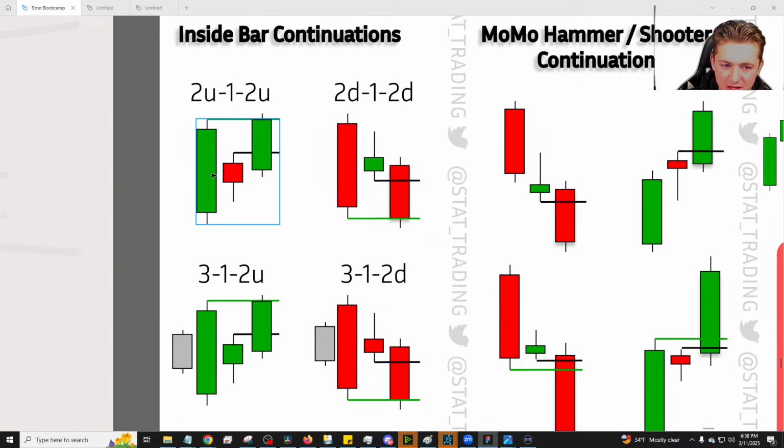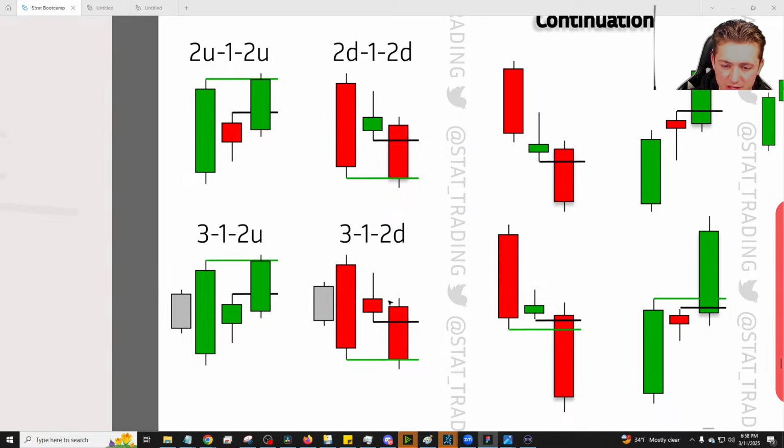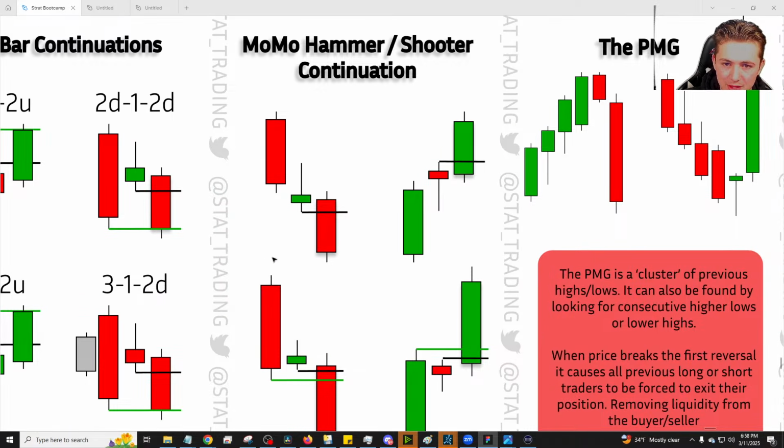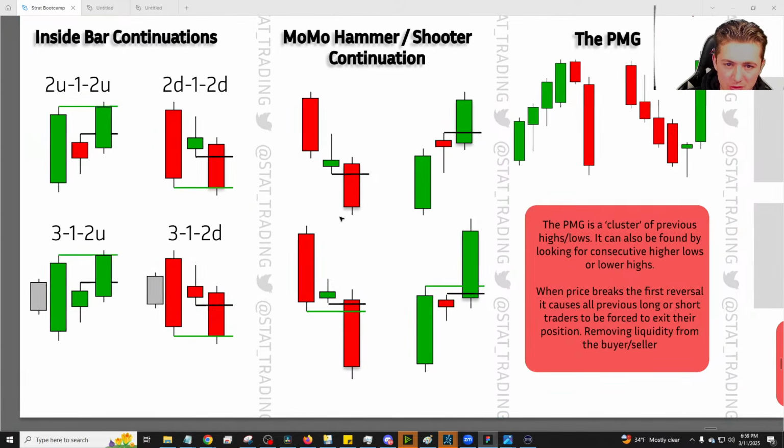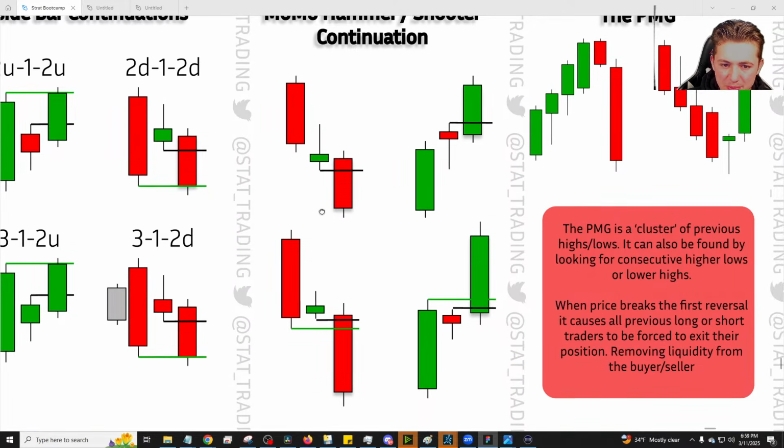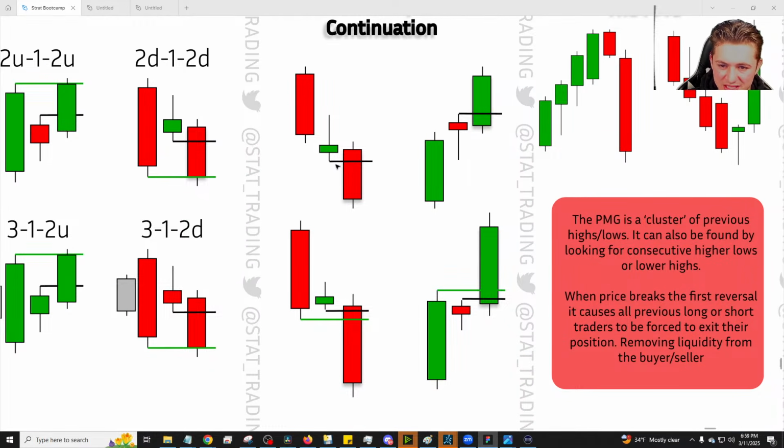So you can see green, inside bar, green, continuation. Same thing with the 3-1-2s, up or down. We also have what we call momentum, or MOMO. So MOMO simply means you have a very aggressive seller or buyer in the market, and you get a brief pause followed by an actionable signal, such as a hammer, shooter, or inside bar, or rev strat, and that's in the same direction as the previous selling or buying.